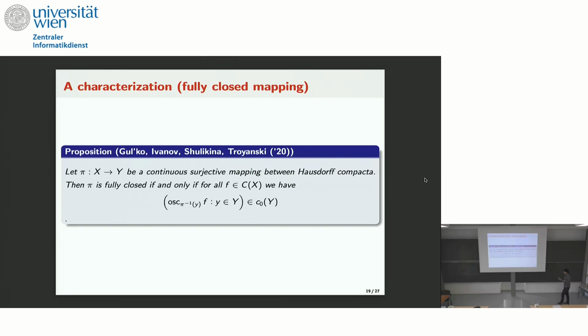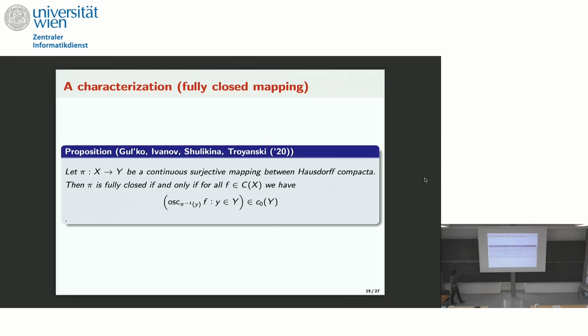So now let me get back to Fedorchuk compact. This is a characterization of a fully closed mapping in terms of a property of the continuous functions. You have a continuous mapping from X onto Y, and it is fully closed if and only if the continuous functions on X satisfy this property: the oscillation over the fibers of Y is c0.